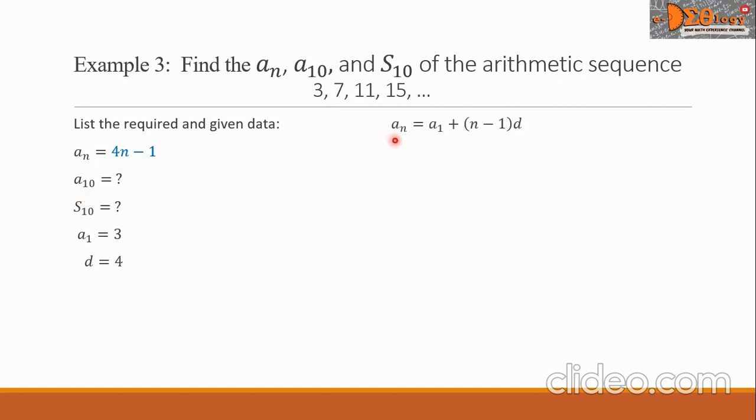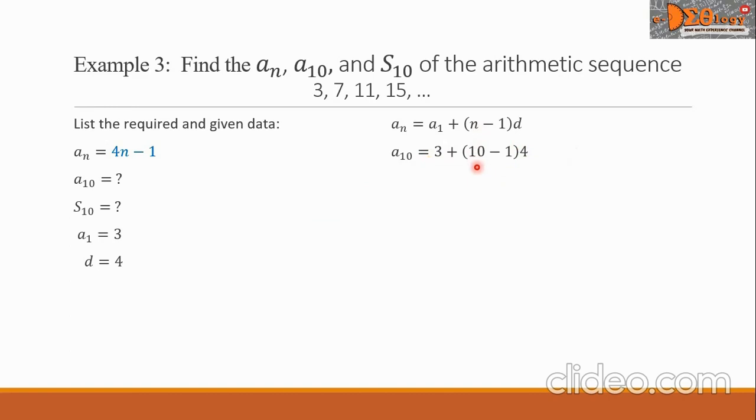Let us use our general term formula. So that is a sub 10 equals a sub 1, the first term is 3, plus n is 10 minus 1, multiplied to d, which is 4, the common difference.